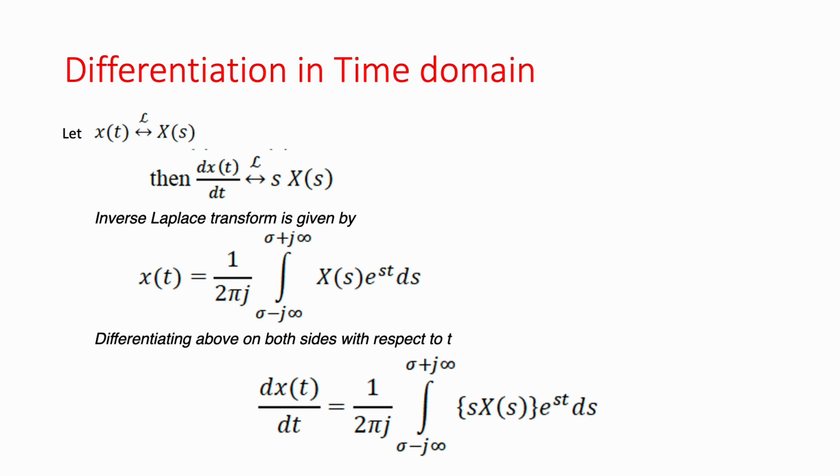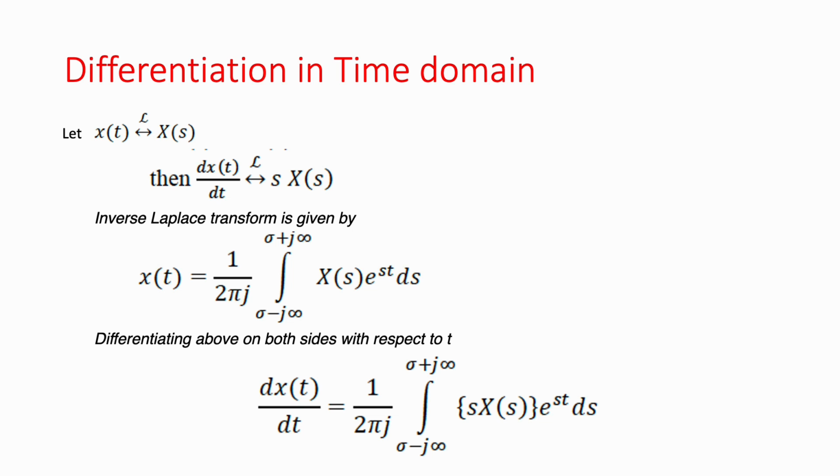The above equation can be differentiated with respect to t on both sides. If I do the left side, you will get dx of t by dt. Here you will get the integration part the same.